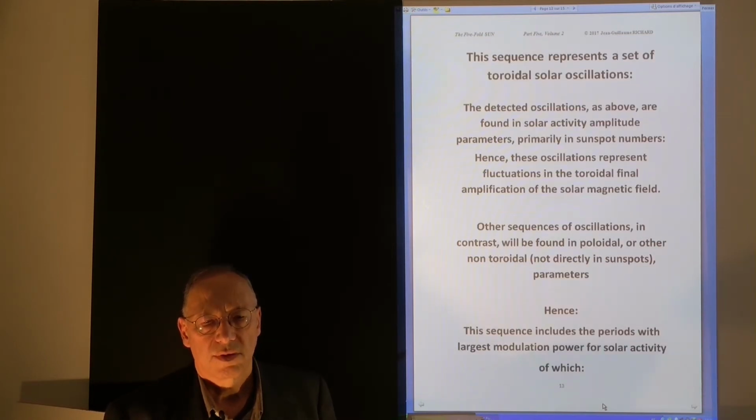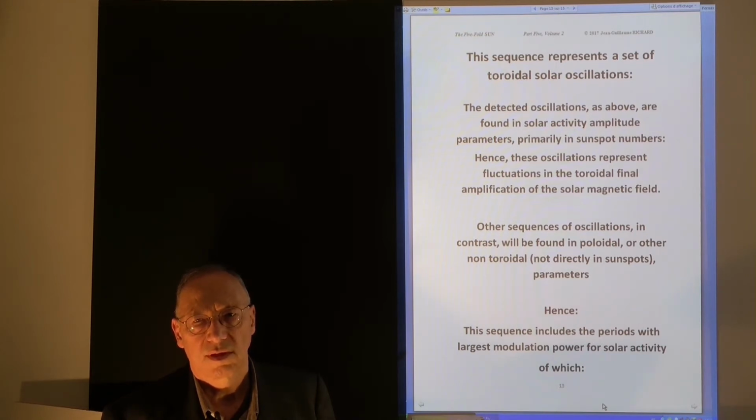It is now possible to conclude that this sequence represents a set of toroidal solar oscillations, because they are evident directly in the sunspot records, and the numbers of sunspots are results of amplification of the solar magnetic field in the toroidal region of the Sun.